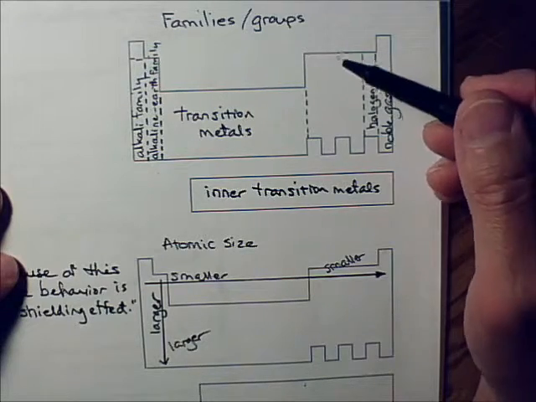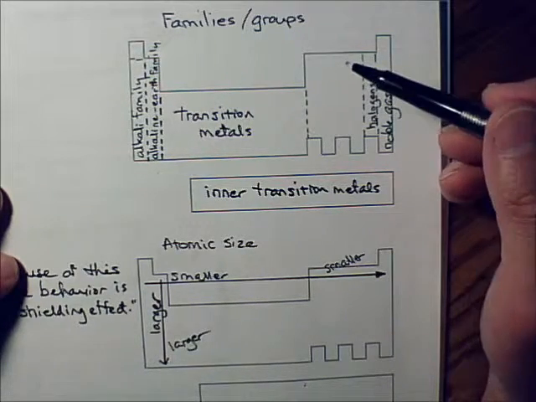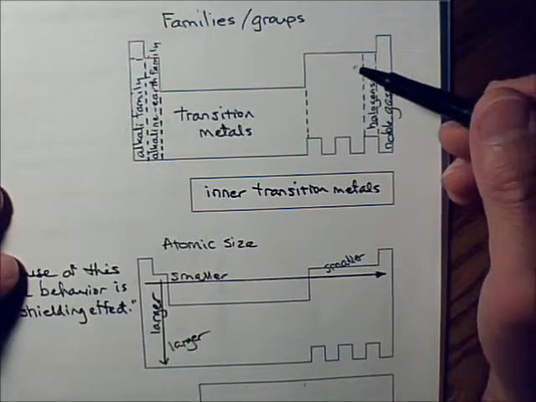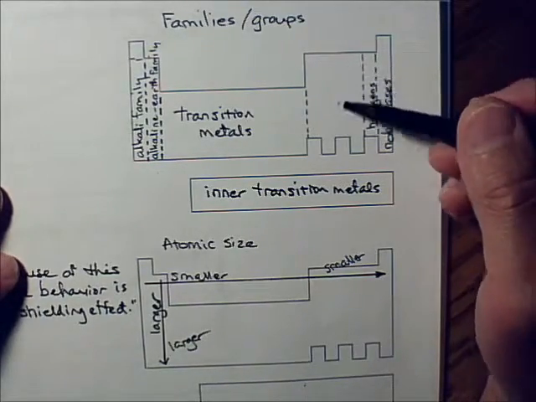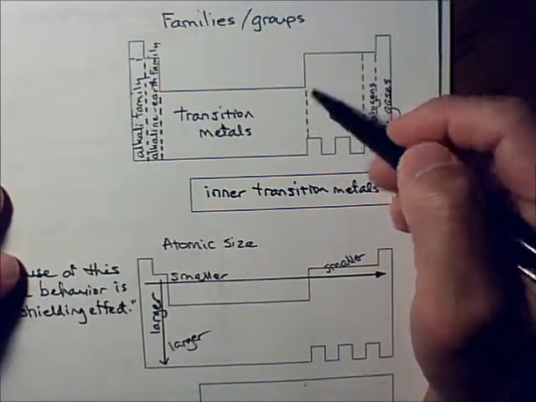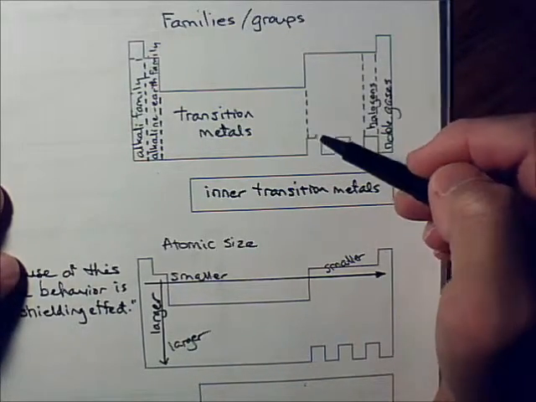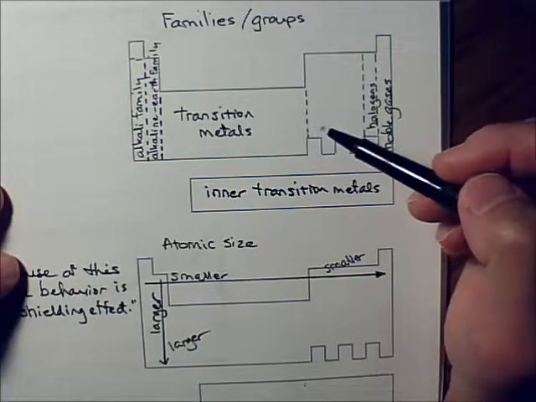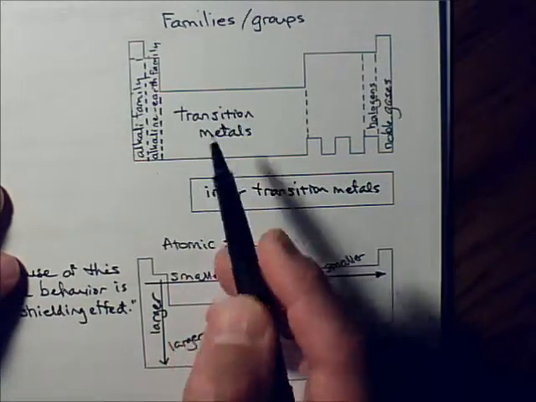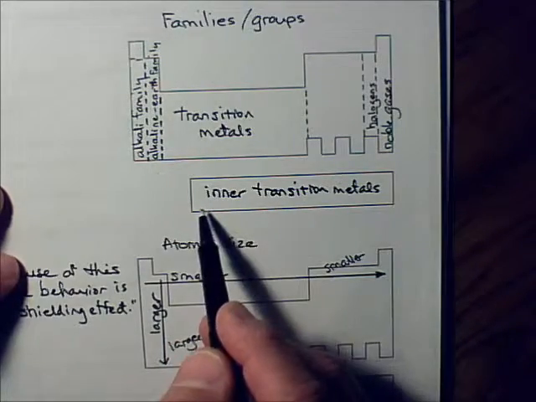Any of these families right here, we simply name those according to the element at the top. So the first column is the boron family, and the carbon family, and so forth. Okay? Then the transition metals are in here, and intertransition metals down here.